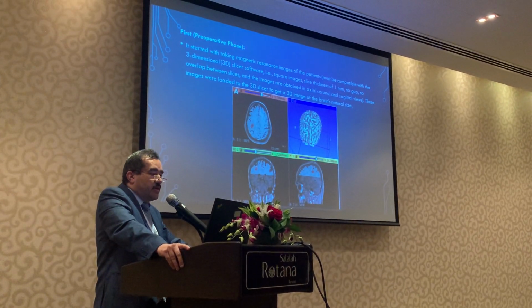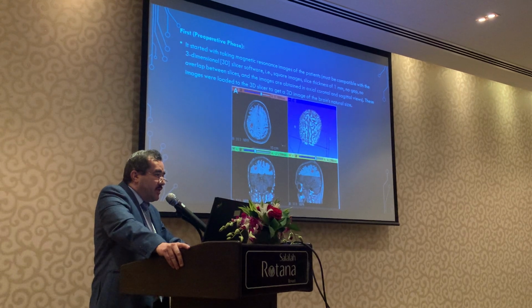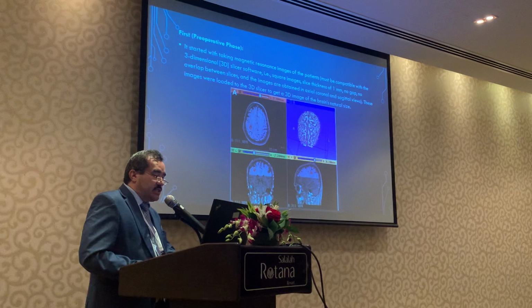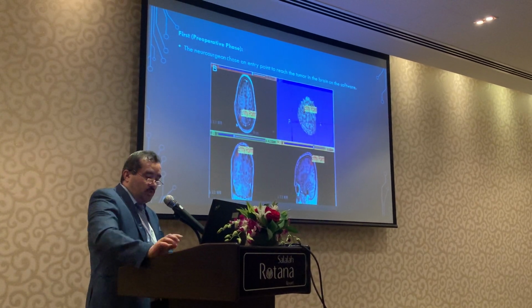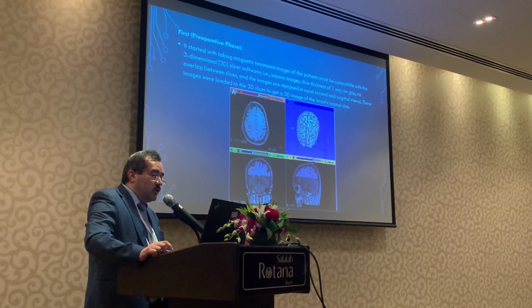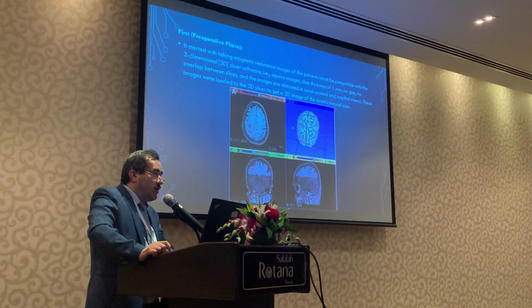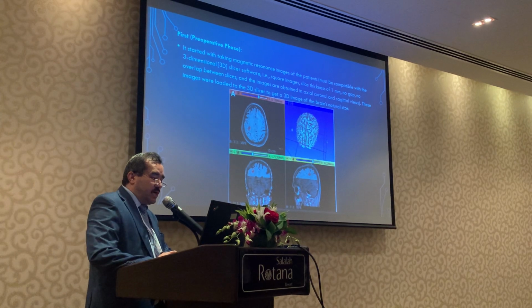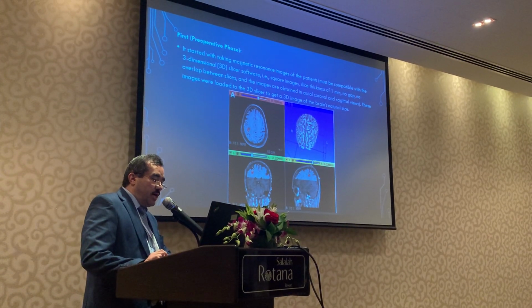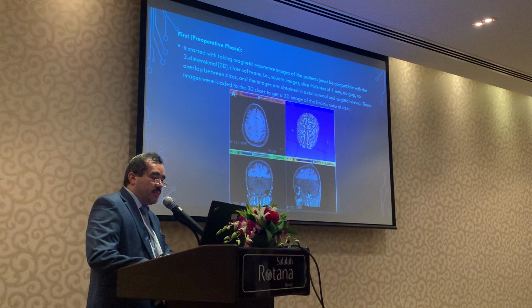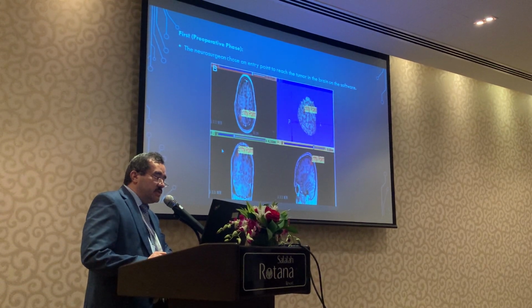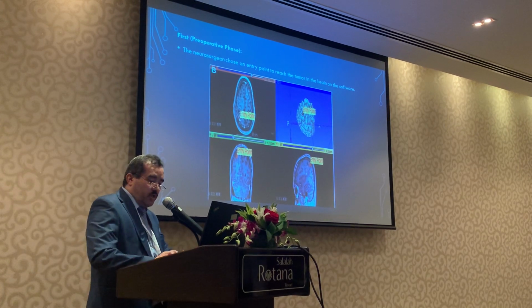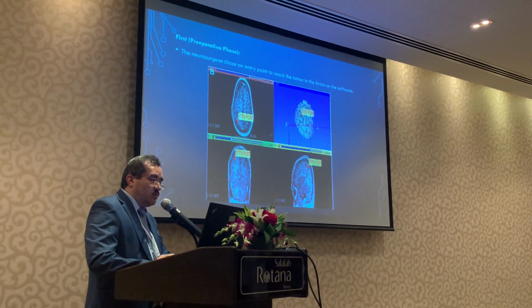The first one is the pre-operative phase. The 3D Slicer will take your MRI images in coronal, axial, and sagittal views. Then it will build a 3D model, one to one, that's to say a natural size image of the whole brain, and then you cut and choose the one of intersection. Then you study this 3D image and try to determine the entry point from where you will reach the tumor.